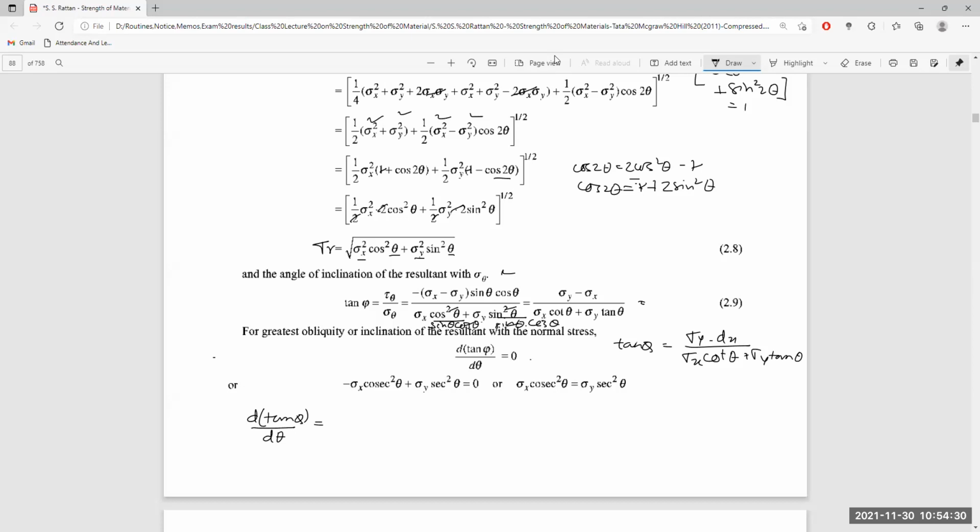First of all we have d by d theta of sigma y minus sigma x, minus d by d theta multiplied by sigma x cot theta plus sigma y tan theta, cot square theta.